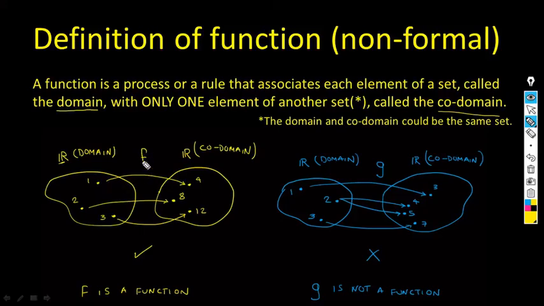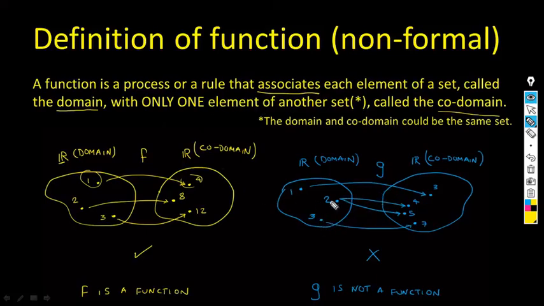So this machine or this function F is associating the number 4 as output to the number 1 as input. And also it's associating the number 8 as output for the input of 2, and so on, okay? So if you can see, it's associating only one element for every single input. So this checks. This is a function because it satisfies the requirements given in the definition.